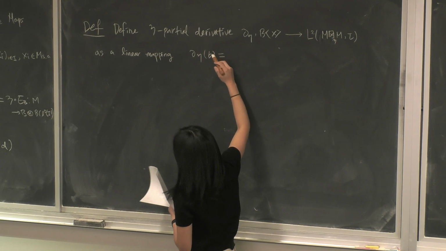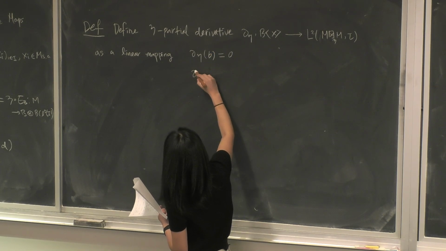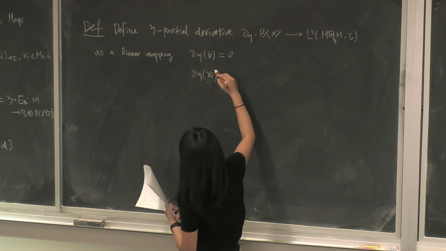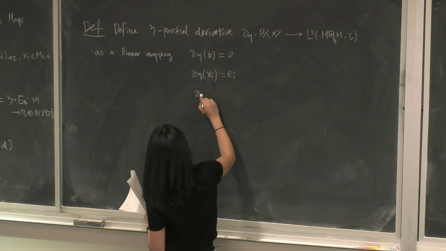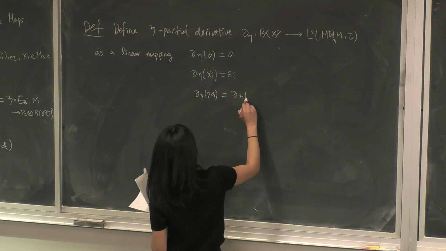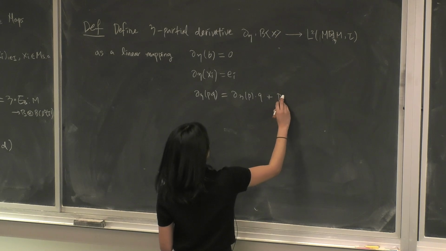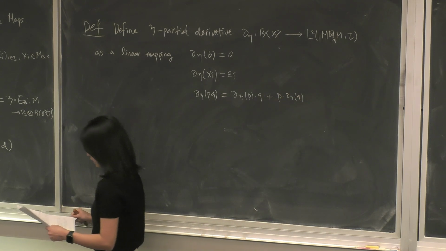Here B acts like a coefficient, so this should be 0. And partial eta x_i is e_i, and partial eta of pq is partial p q plus p partial q, which is called the product rule.